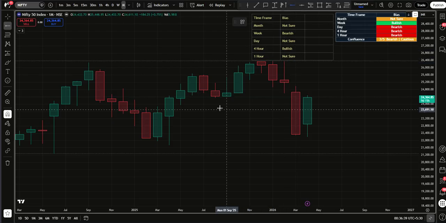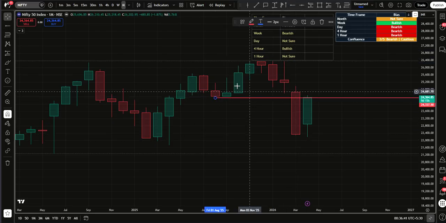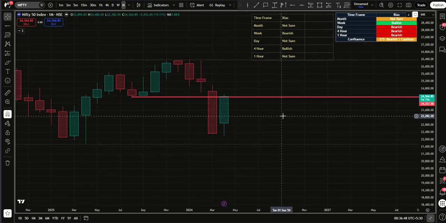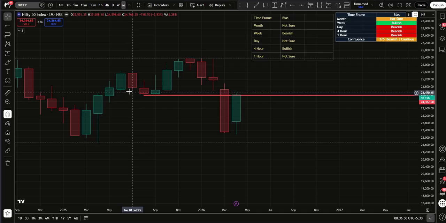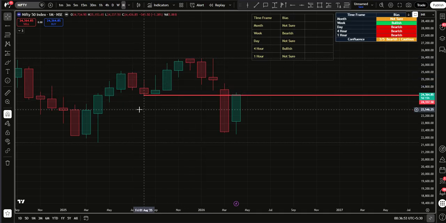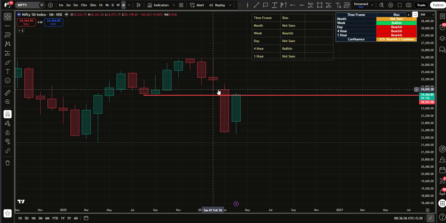The most important is this swing low. I shall mark it in red and mark it with a thicker line. Every swing high and swing low is an area of liquidity, and as you can see, there was this swing low sitting right here.